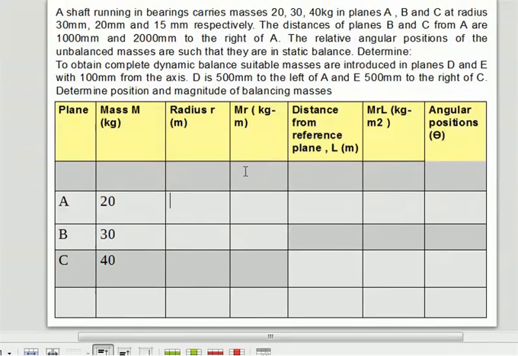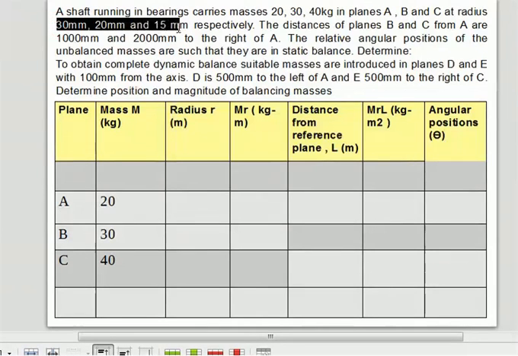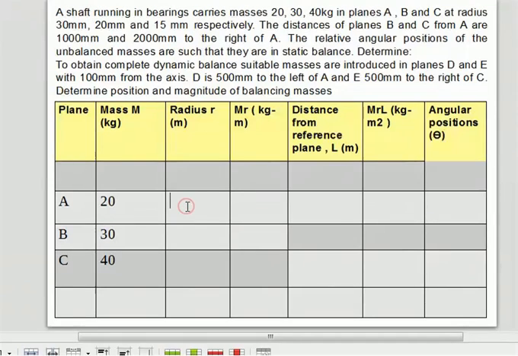After this, the radius value is also given. Radius values of A, B, C masses are 30, 20 and 15 mm respectively. We'll write it in terms of meter.